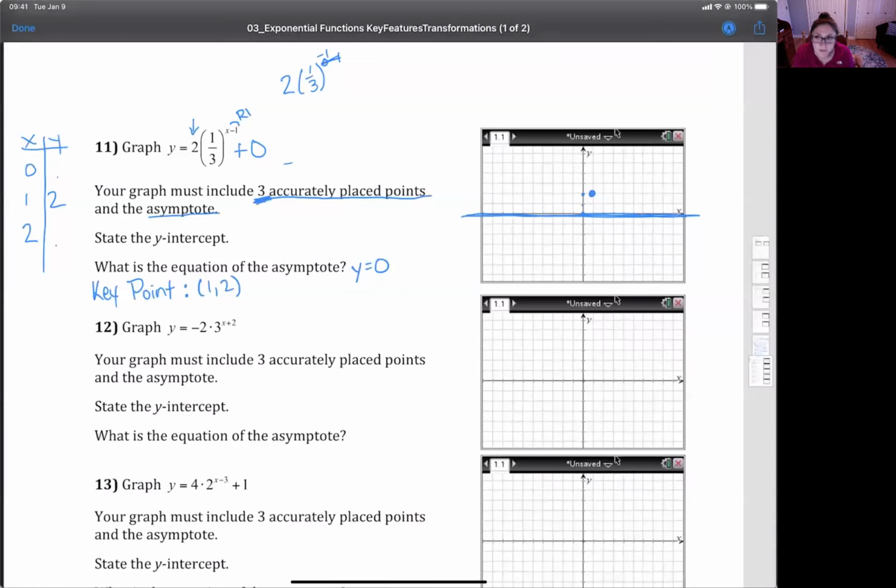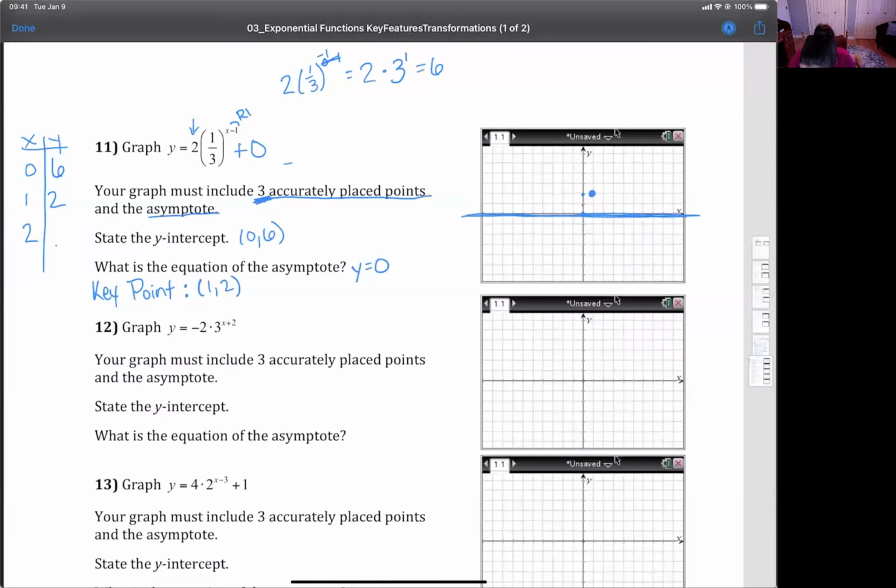Remember, a negative exponent flips my problem, okay? So this would actually be 2 times 3 to the first. I'm going to flip that, and then the exponent is positive. Okay, so 3 to the first is just 3, so 2 times 3 is 6. So my y-intercept would be at 6, and it asks me to state the y-intercept, 0, 6.